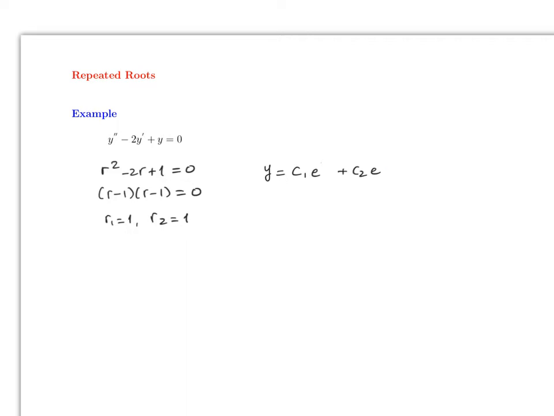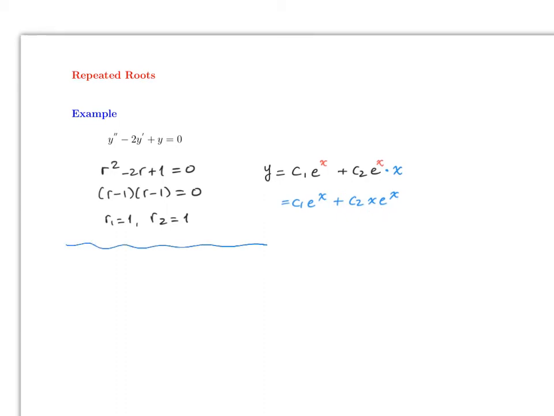So you multiply this one by x. So therefore the solution will be c1 e to the x plus c2 x e to the x. So you just multiply by x, and this will fix the issue when you have repeated solutions.